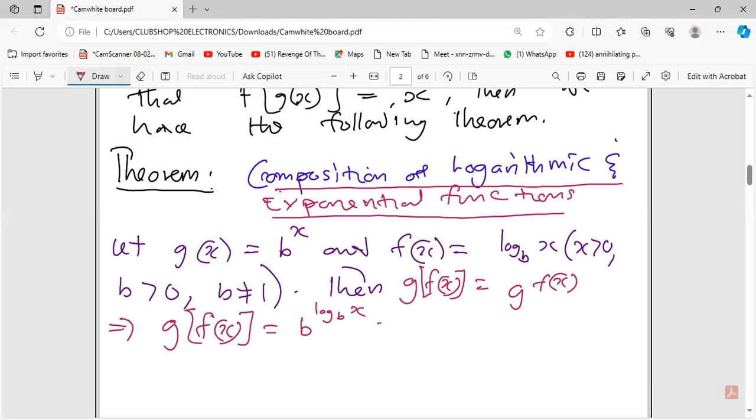And the answer says they are inverse functions. When you combine a function with its inverse, we'll always get x. All right? And we get x.